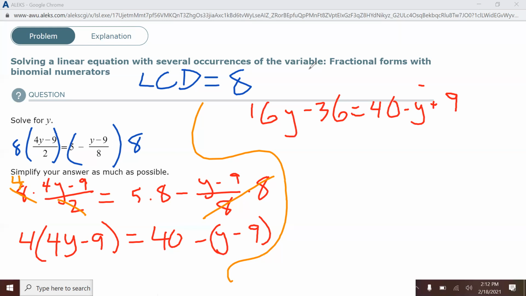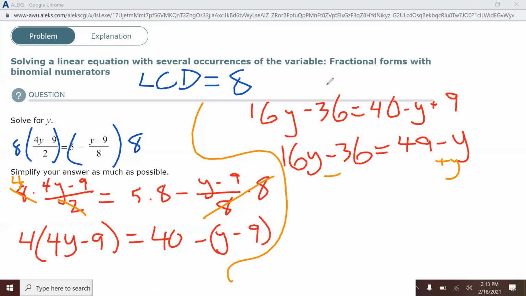We can now combine like terms on the right side of the equation so that the equation becomes 16y minus 36 equals 49 minus y. Let's get the y's all together by adding y to both sides.